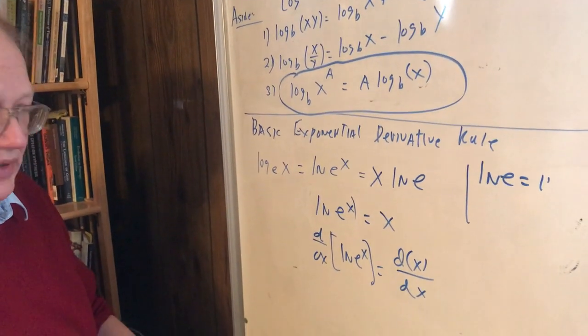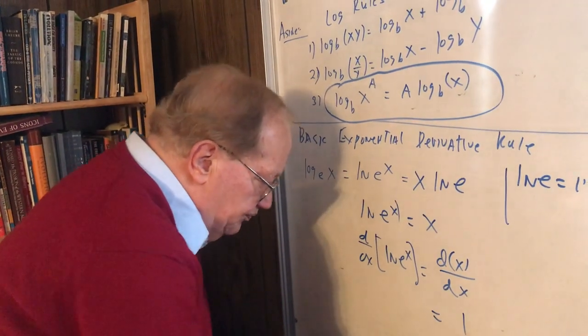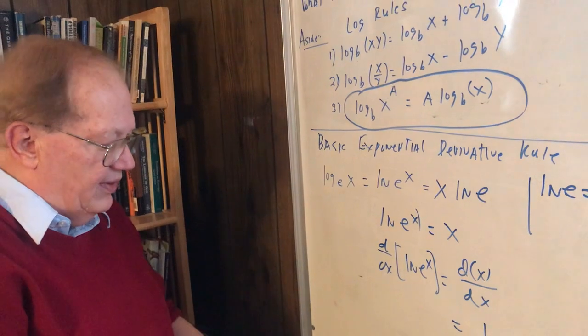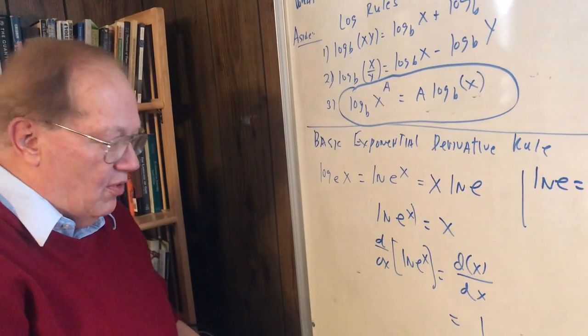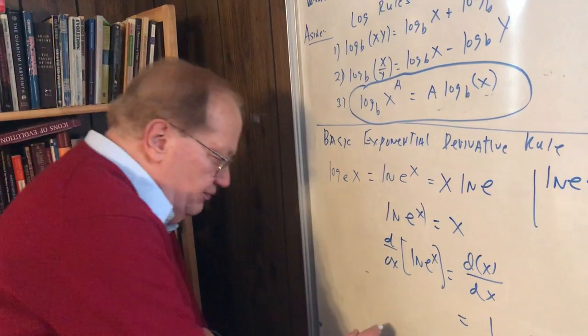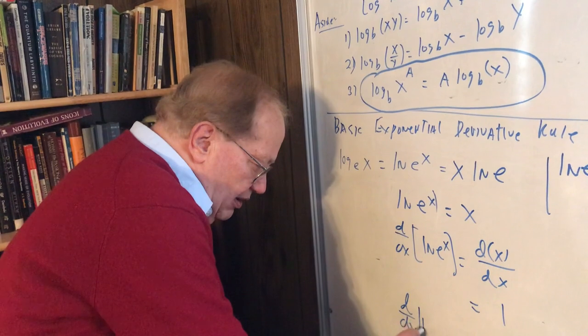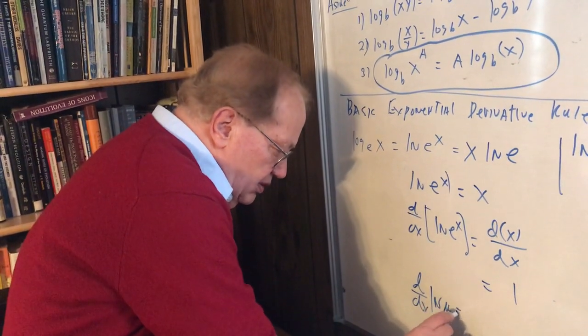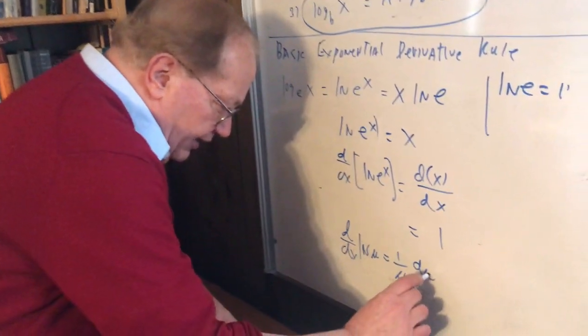The derivative of x is simply the number in front of it. So this is equal to 1. What's the derivative of the log of e to the x? Well, remember our log rule? The derivative of the log of u is 1 over u times du dx.